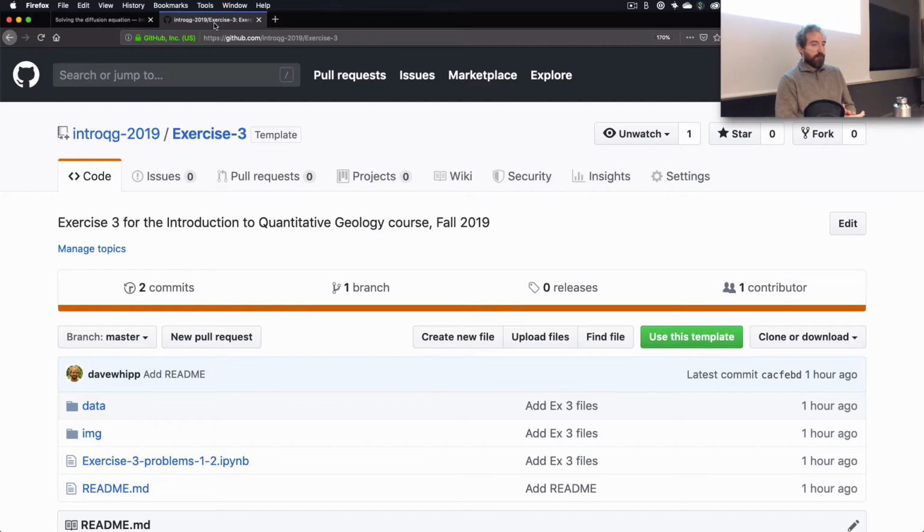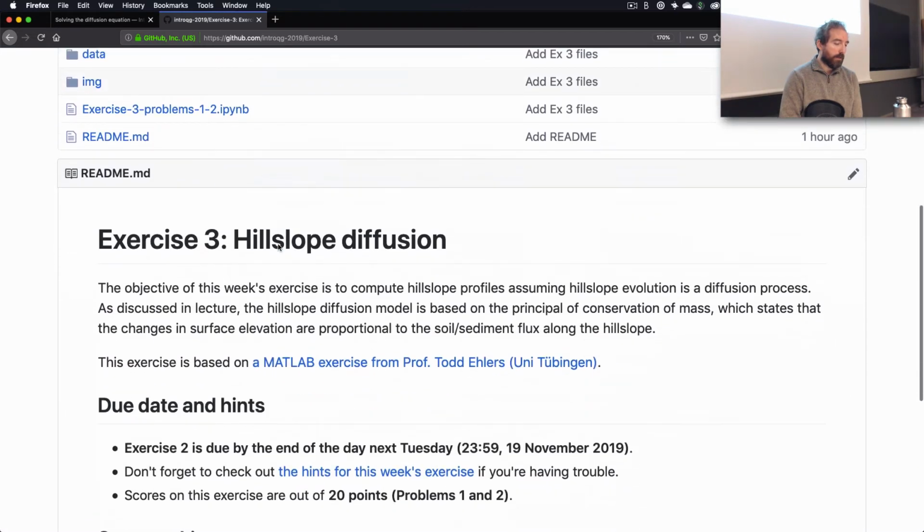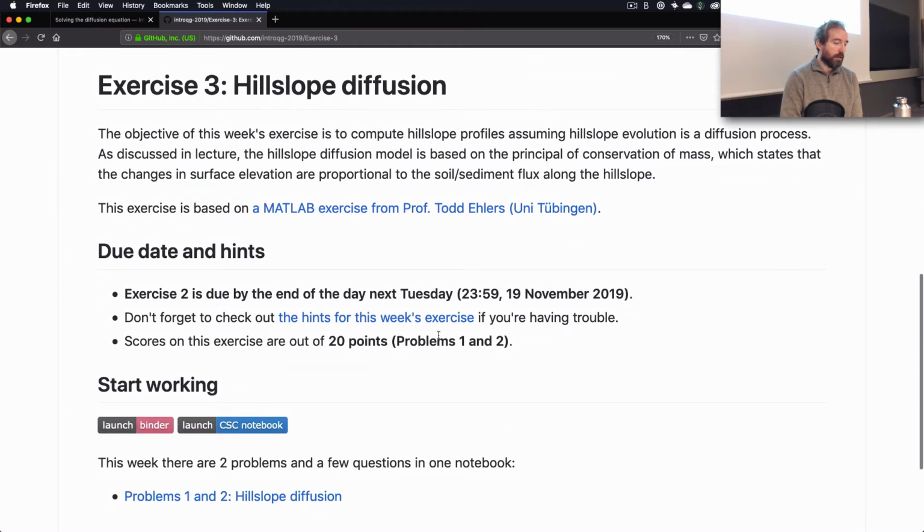All right, so let's go here then to our exercise for today, and you'll see here that the exercise is about hillslope diffusion. No surprise there. It is due next Tuesday by the end of the day, and there are 2 problems for the exercise for today.